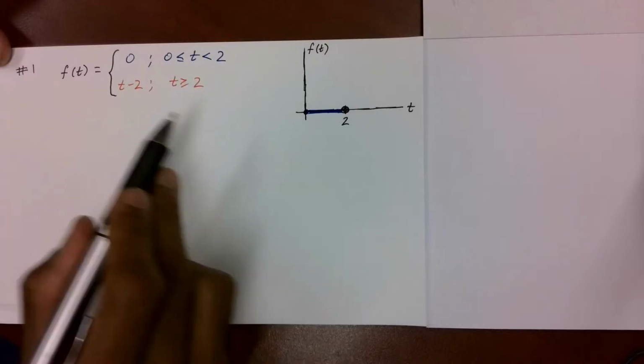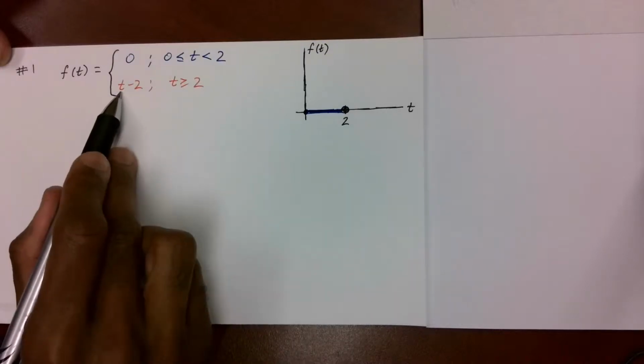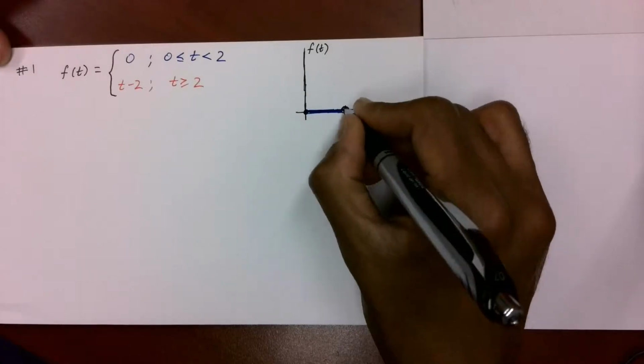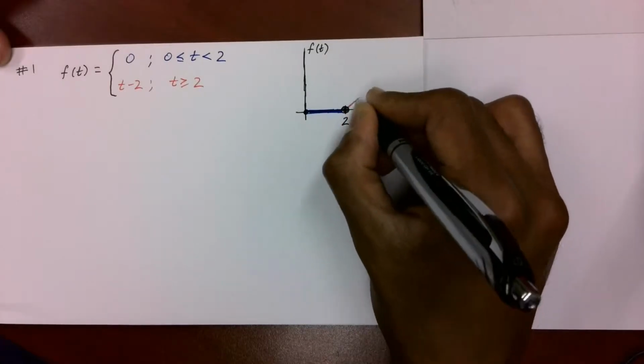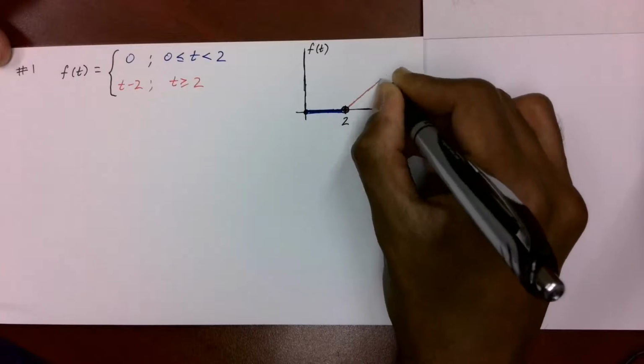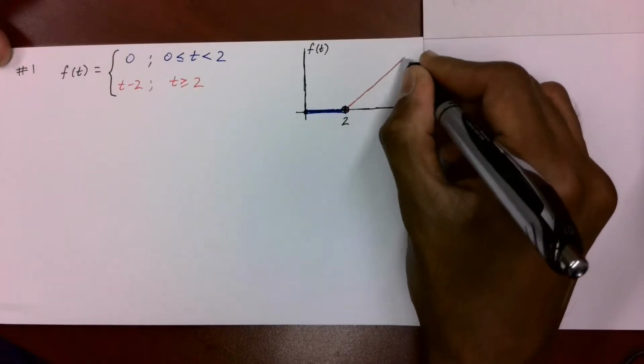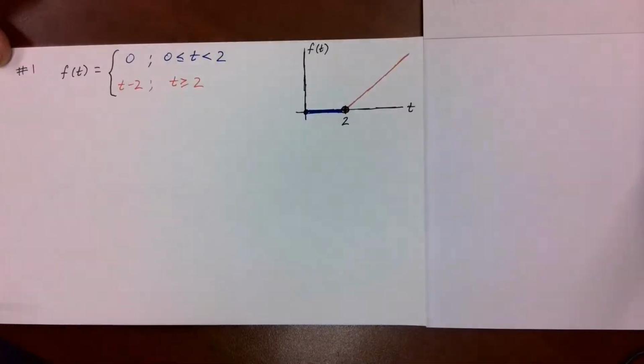And after that point, we can graph the line with a slope of positive 1 and a y-intercept of negative 2. Then if I graph a line with a slope of positive 1 for all the values of t greater than or equal to 2, I get this red line. So here is the graph of f of t. As you can see, f of t is continuous on the domain 0 to infinity.